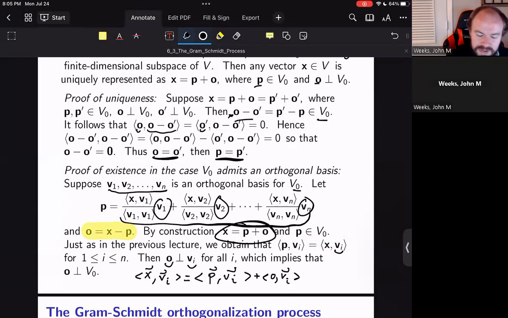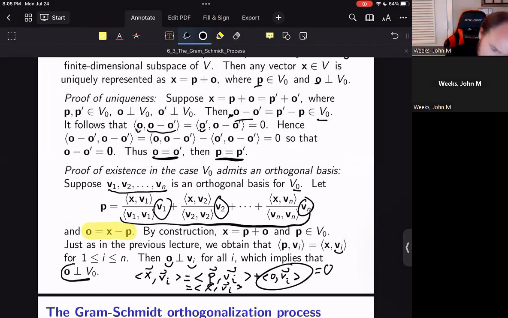That's because of this decomposition right here. If this is equal to x comma vi, which is the same as x comma vi, then I'm only left with one option: this has to be equal to 0. That means, indeed, that O is orthogonal to each vector v sub i. And since that's true for all vectors that span v0, we know that O is orthogonal to v0 as well.